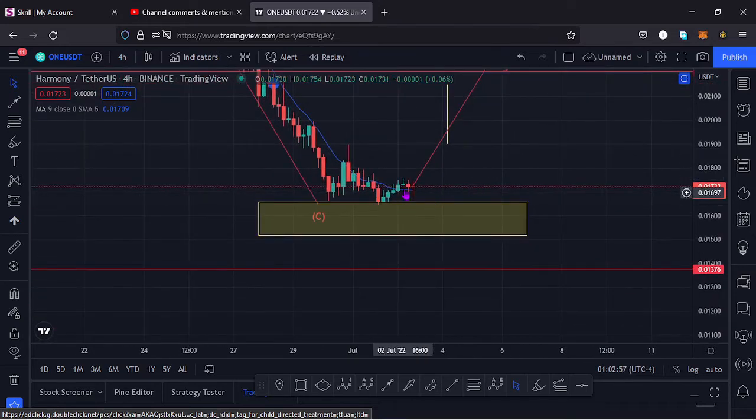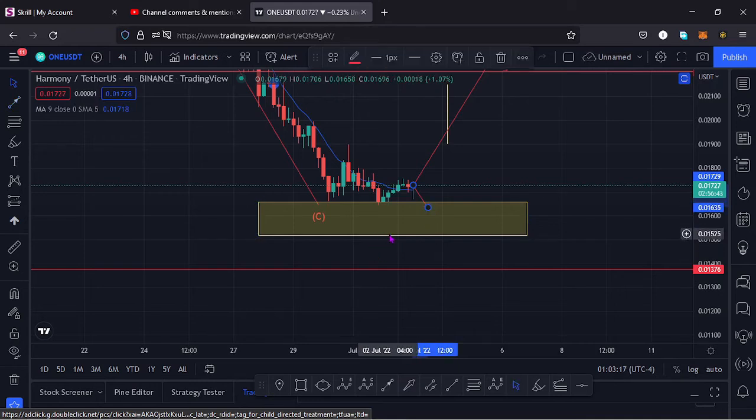It's also possible that the market will not continue pushing higher and continue giving us lower lows, and that would mean we might go to the lower side and lose this key area of support that we have at around the $0.016 mark.